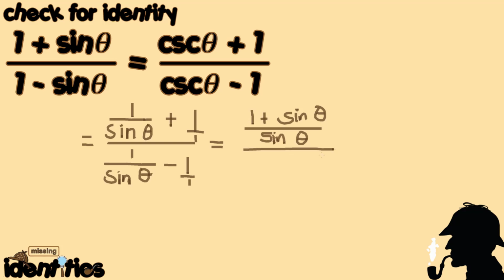Let's duplicate the process in our denominator, and the LCD is still sine theta here as well. So the same process, sine theta divided by sine theta is 1 times 1, 1 here. Sine theta divided by 1 is sine theta times 1, sine theta here.